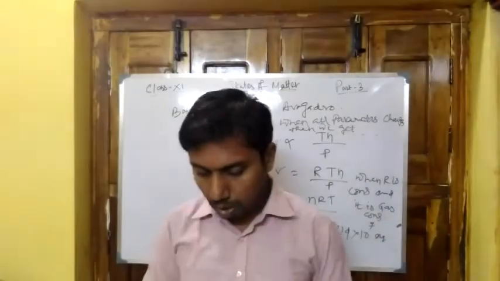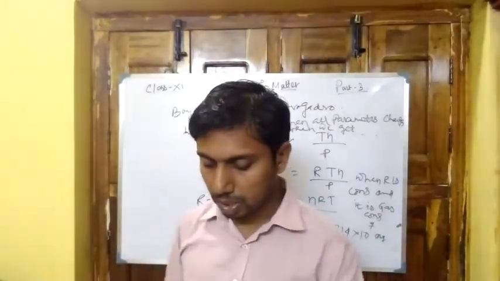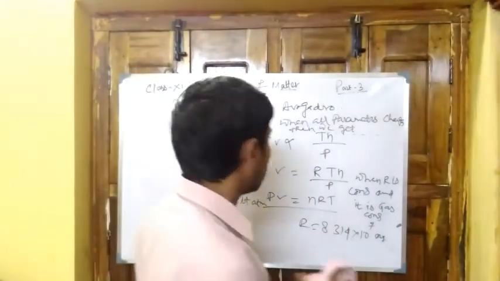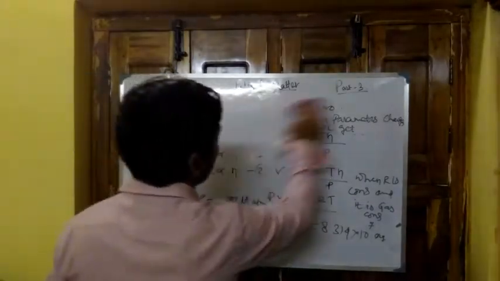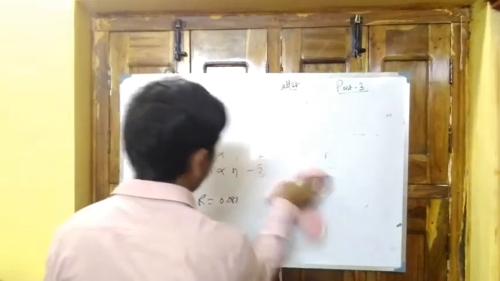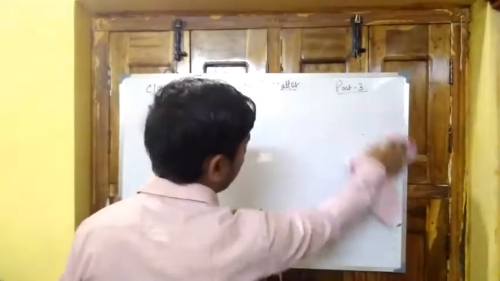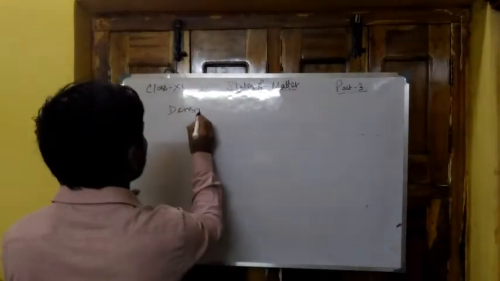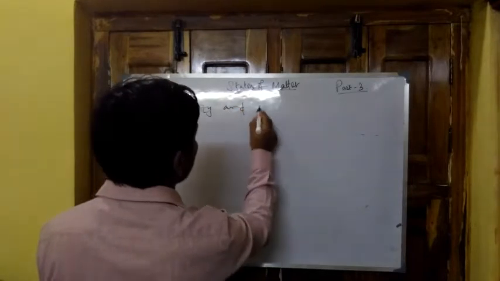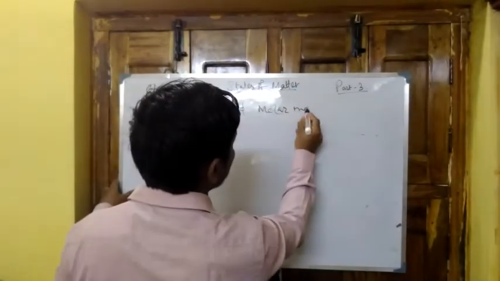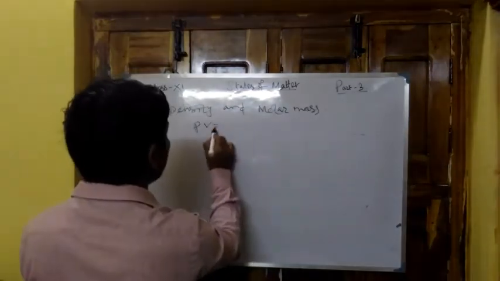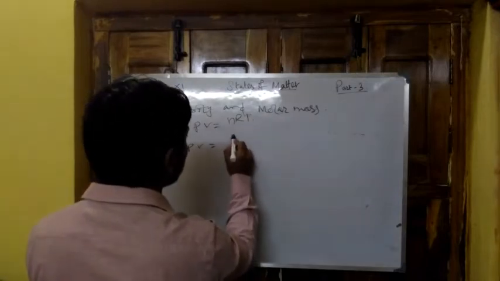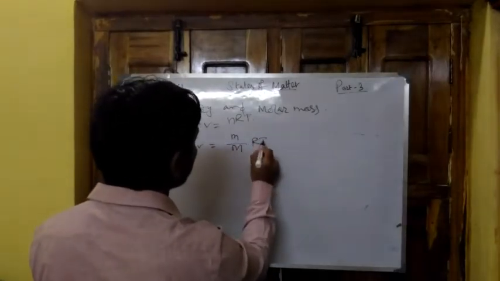Right, now from this equation, PV equals nRT, we have to derive the relation between density and molar mass. We know PV equals nRT. Now PV equals small m by capital M into RT.